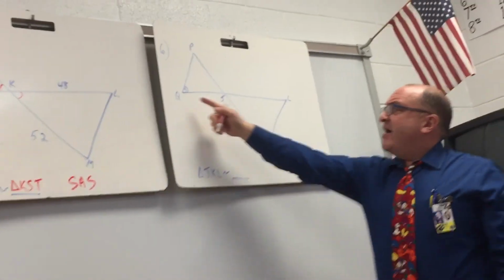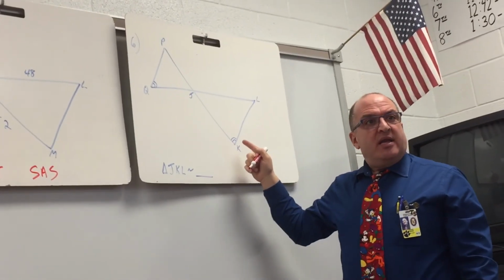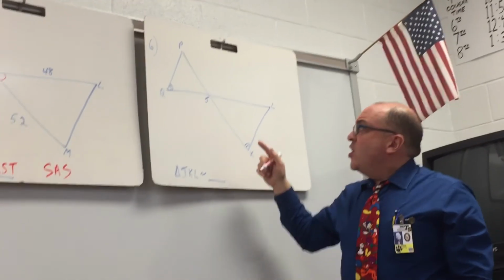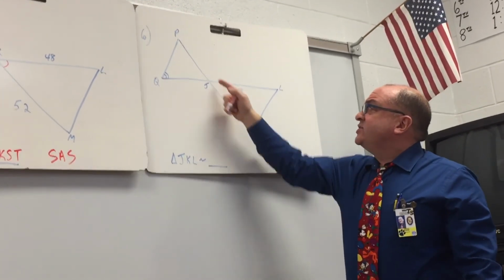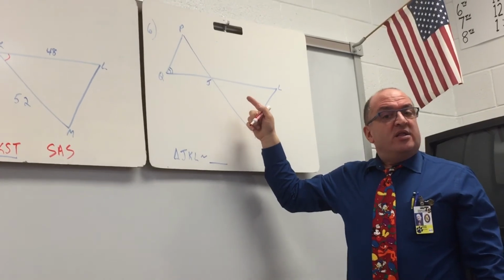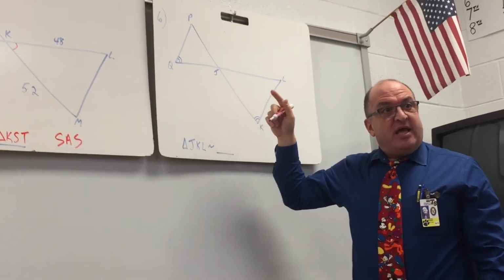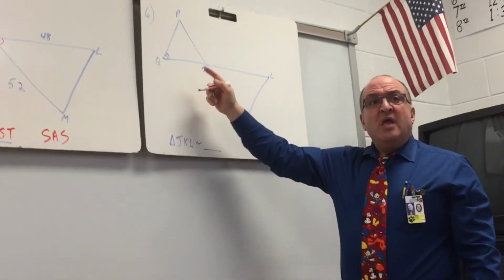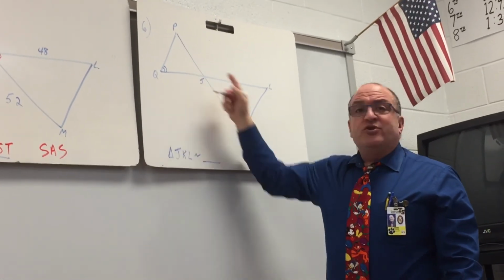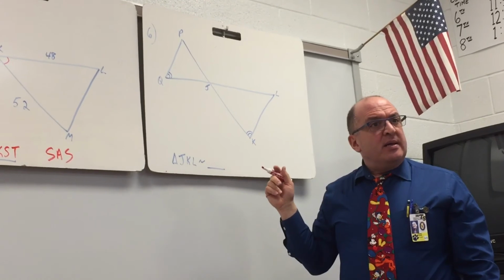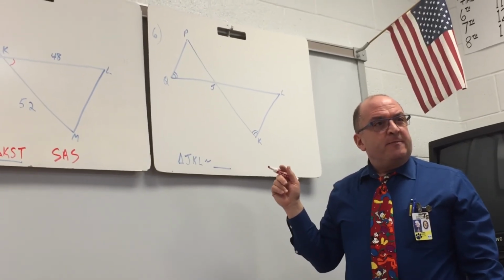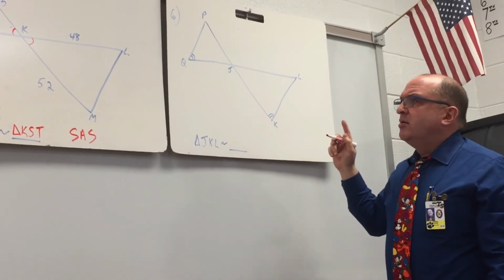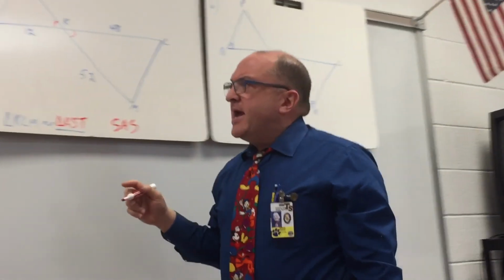Once again, I have one angle in each triangle that's congruent. What can you tell me about these two angles here? They're vertical angles, meaning they are congruent, right? So why can I say the two triangles are similar? What did I have over here?